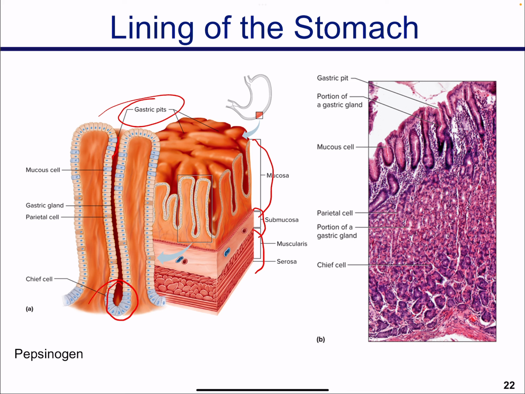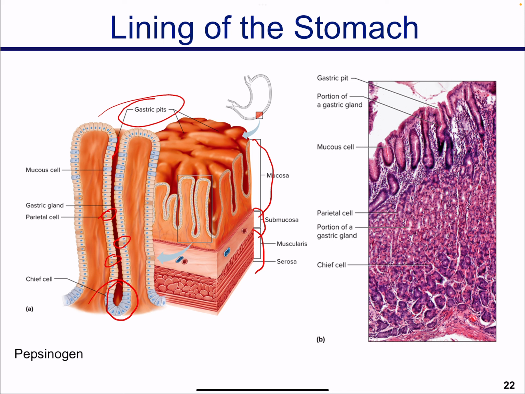Remember, the chief cells produce pepsinogen, right? And then we're going to have the parietal cells. This parietal means wall, right? These are cells that are located along the wall, parietal wall, right?